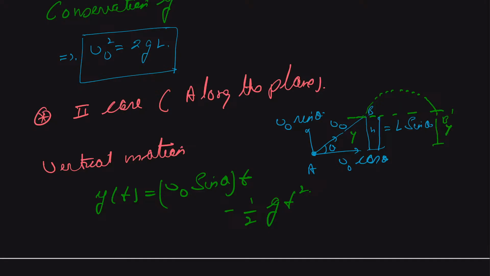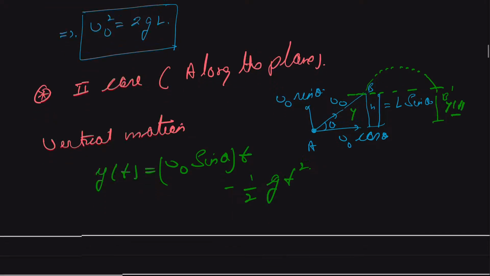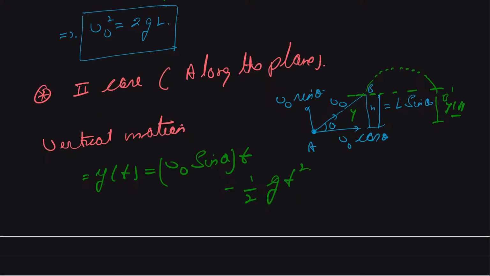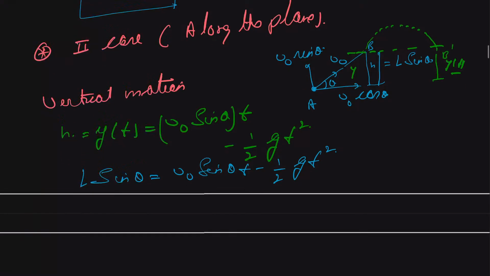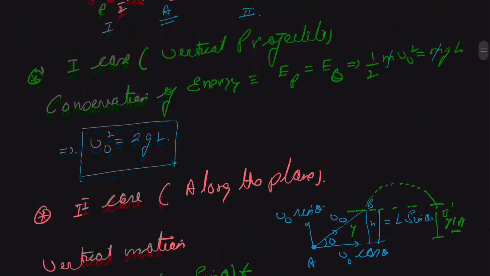So y of t is equal to h, and we know that our h is equal to L sine of theta. Therefore L sine of theta is equal to v naught sine of theta times t minus half g t square. And we also know that our v naught square is equal to 2gL.